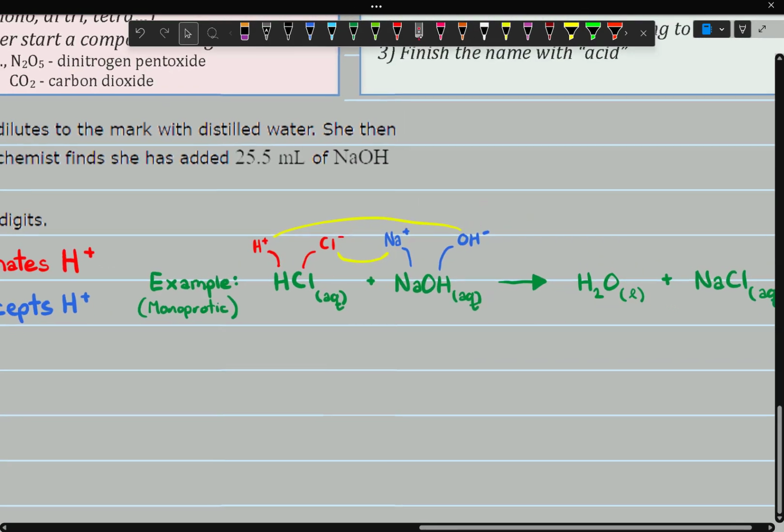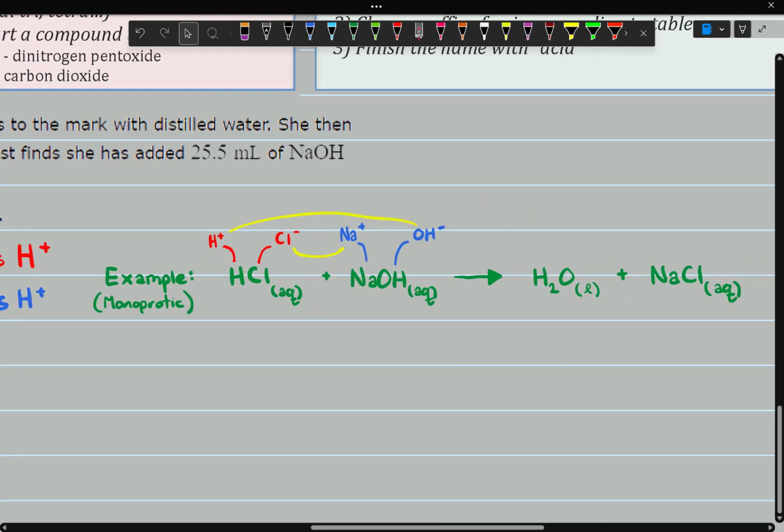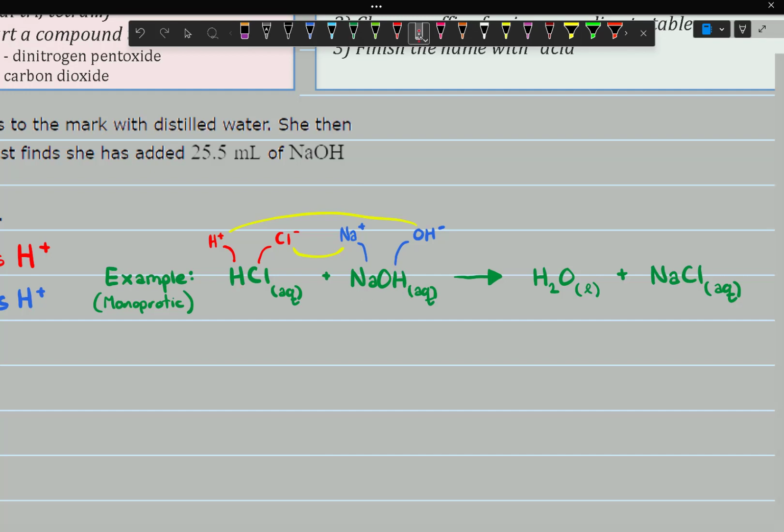So for example, if we have hydrochloric acid and sodium hydroxide, the hydrochloric acid will break apart into this H+, and separate from its anion, which is chloride. And similarly, the sodium hydroxide will break apart into sodium, the cation, and hydroxide, the anion.